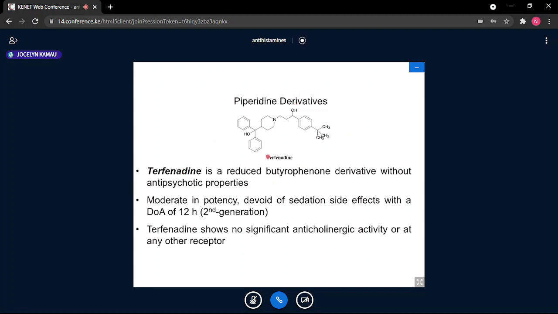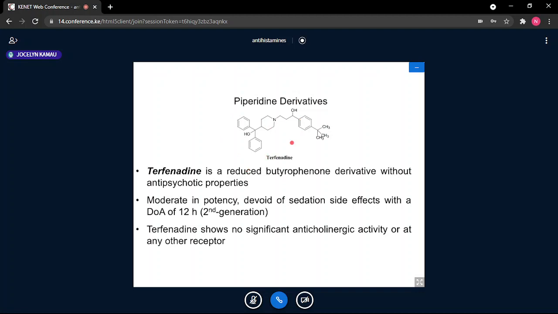But as I said earlier, the unfortunate issue is that when you give terfenadine with imidazole antifungals like ketoconazole, or with macrolides like erythromycin and azithromycin, you find that this drug and these other drugs use the same enzyme for metabolism.